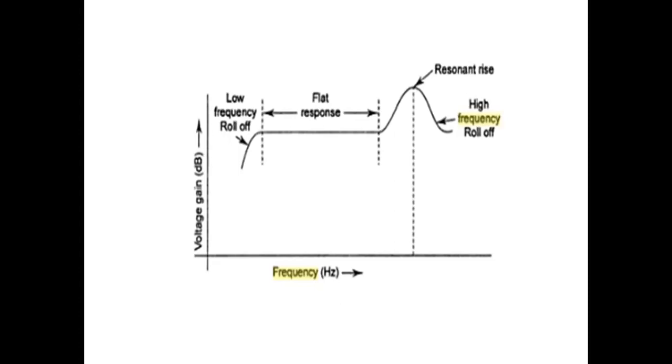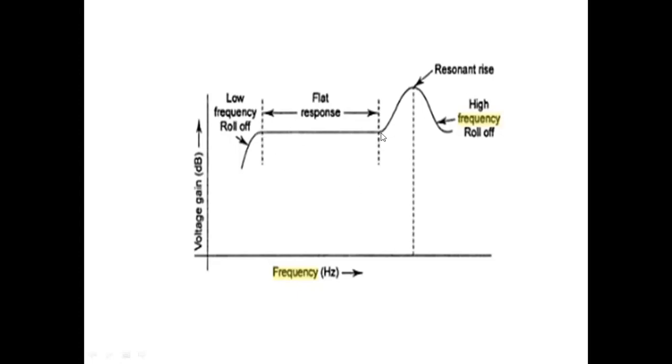The transformer has some leakage inductance as well as some interwinding capacitance. Because of these, it does not allow the amplifier to amplify the signals equally well at all the frequencies. If you see the figure, here we can have some flat response.